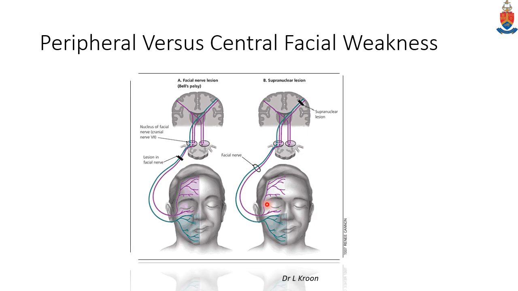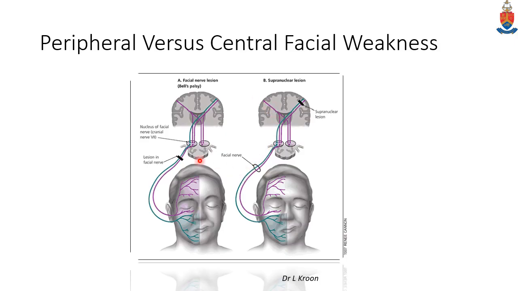As a result, if you get a lesion of the corticobulbar tract, you will have a loss of upper motor neuron innervation to the lower portion of the face, plus minus eye closure. But you will have preserved upper motor neuron innervation of the forehead muscles, which is innervated by the ipsilateral cortex now.